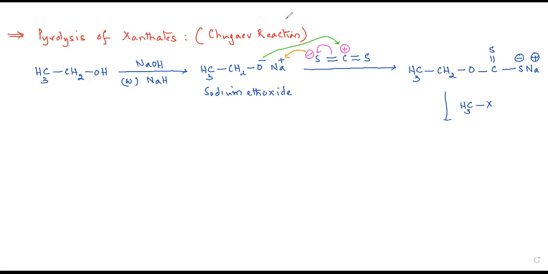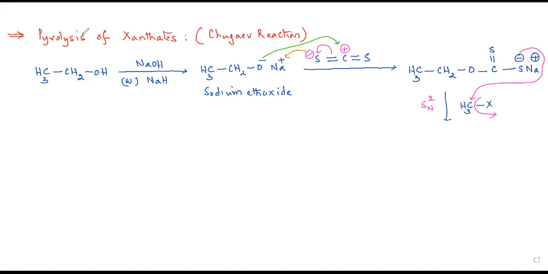Say any alkyl halide, no problem. But here you will have SN2 type of reaction happening. Now, as and when this comes and attacks the unhindered alkyl group of the alkyl halide, this goes off.